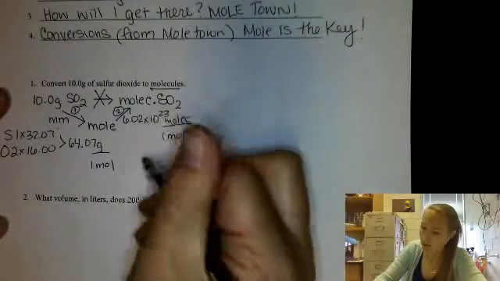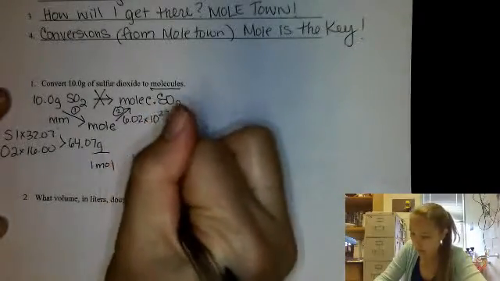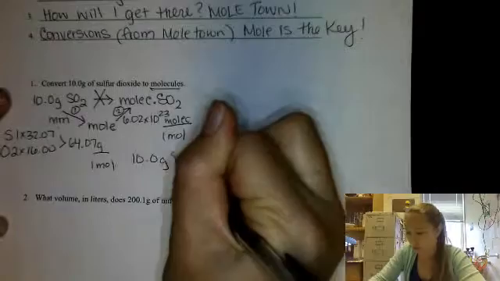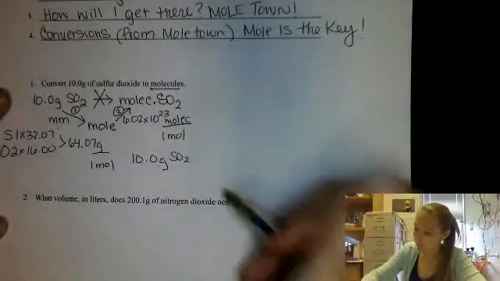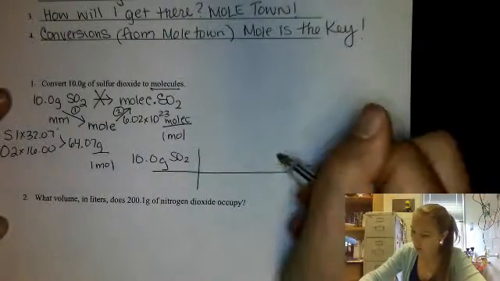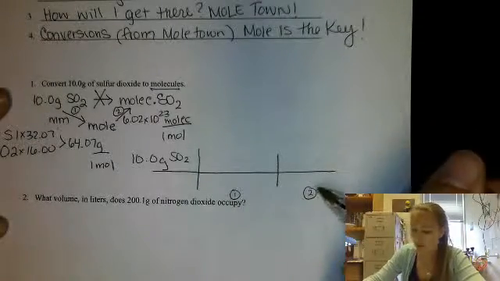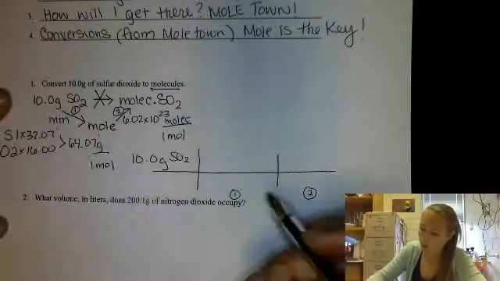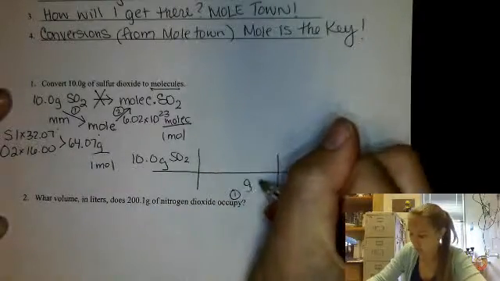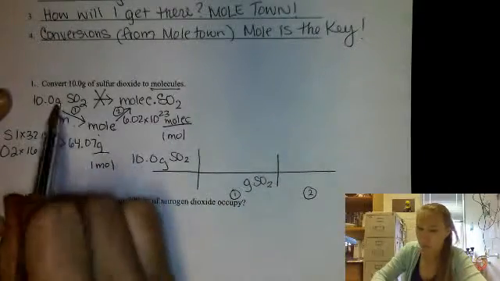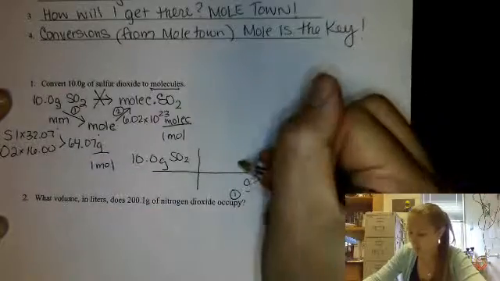So I start with what I'm given to do my conversions, 10.0 grams sulfur dioxide. I had 2 conversions, so conversion 1 and conversion 2. My first conversion is grams to moles, so my grams drops down, and moles goes on top.